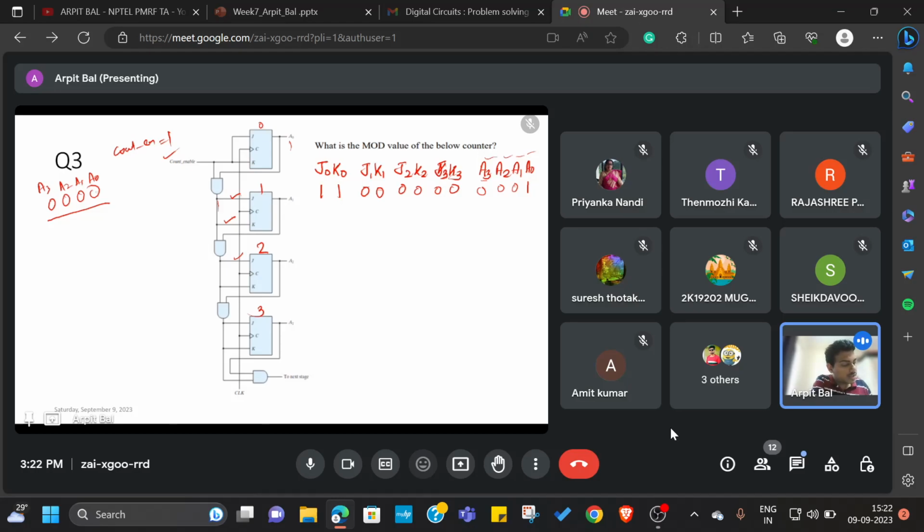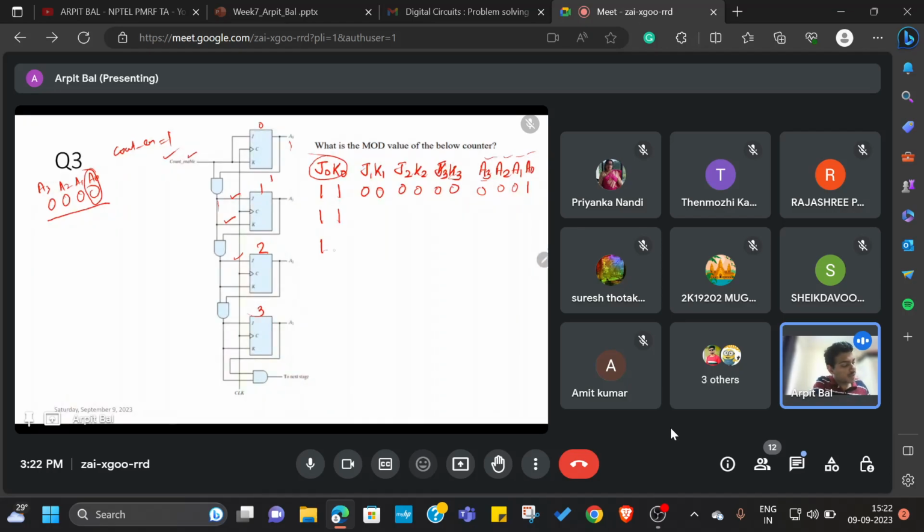So whatever is the A0 bit, that will be toggled because of J0 K0. Now once we have A3, A2, A1, A0 in this format, this value is 1 and count enable is always 1. So J0 K0 is always going to be 1, because count enable is always 1.